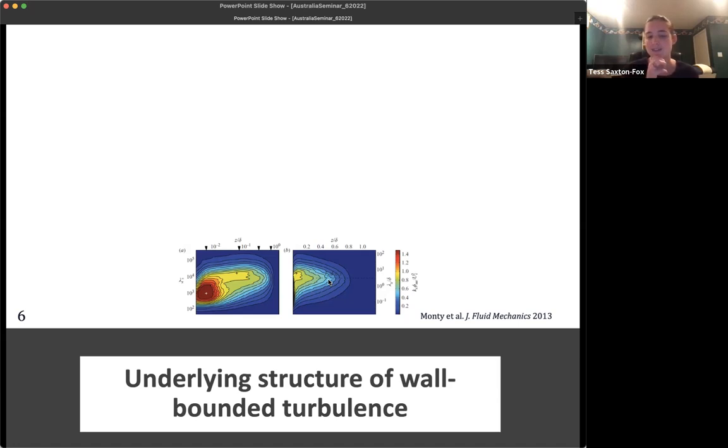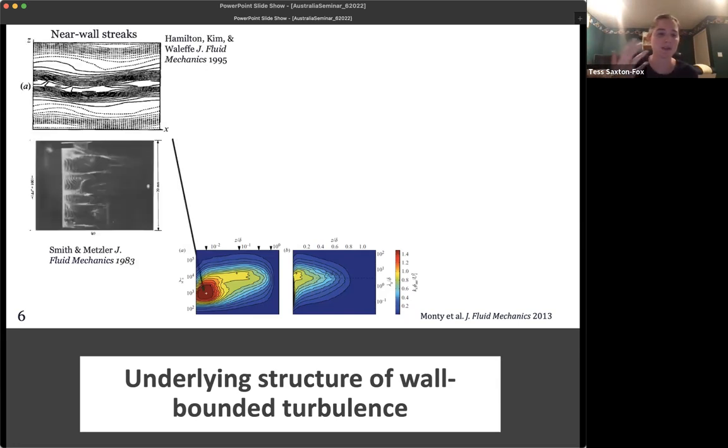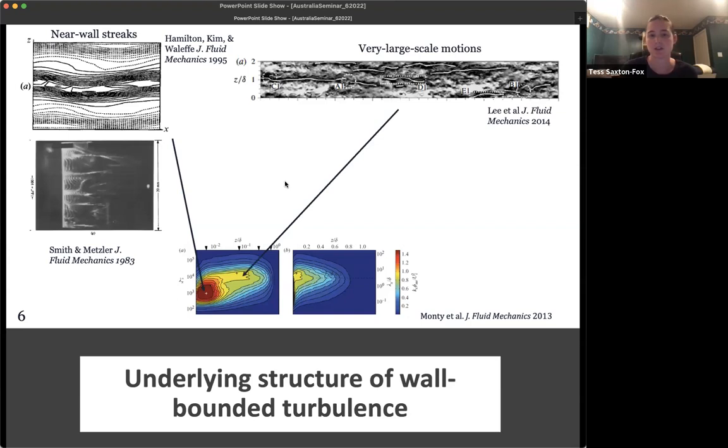So it gives us, in a statistical way, an understanding that there are certain wavelengths at certain locations from the wall that have the most energy. And then we can understand that physically as well. These look like near-wall streaks, and these are very large scale motions that we can visually observe by looking from the top.